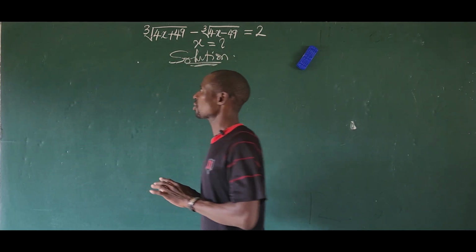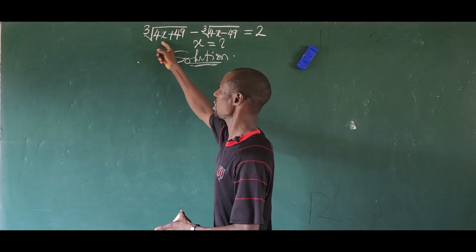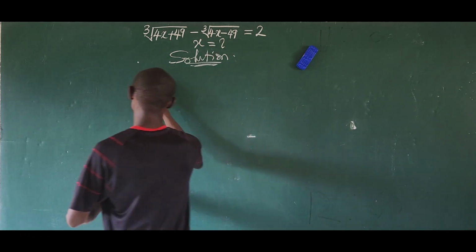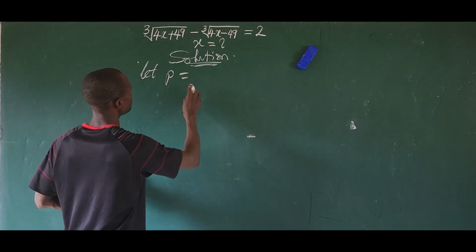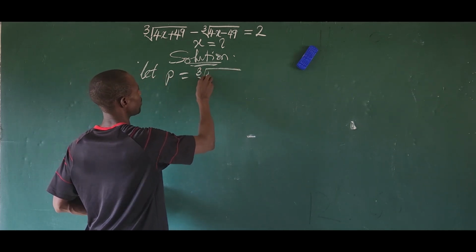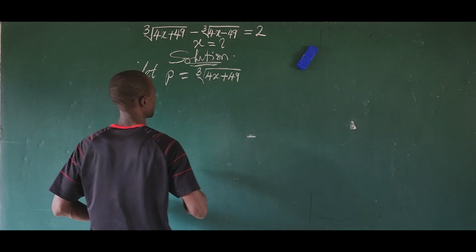Now, we're going to start off with substituting another alphabet for this first expression and a different alphabet for this one. Let's take a p. I like using p. Let p be equal to the cube root of 4x plus 49.